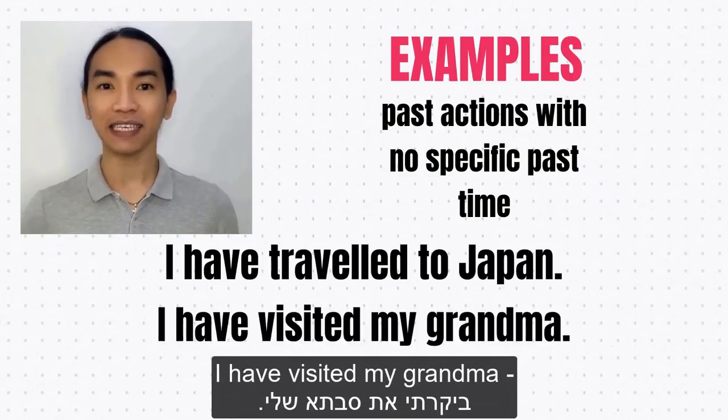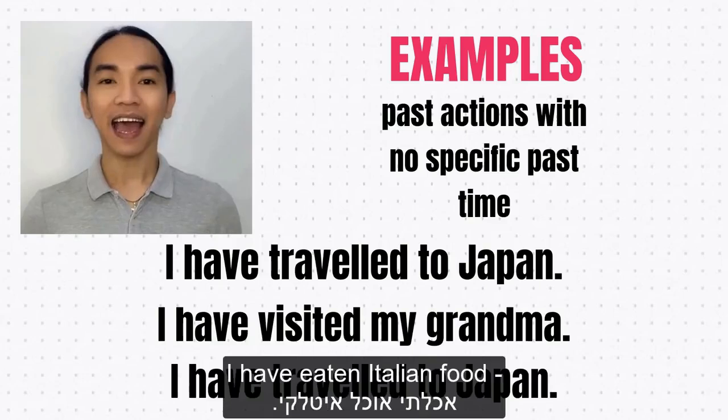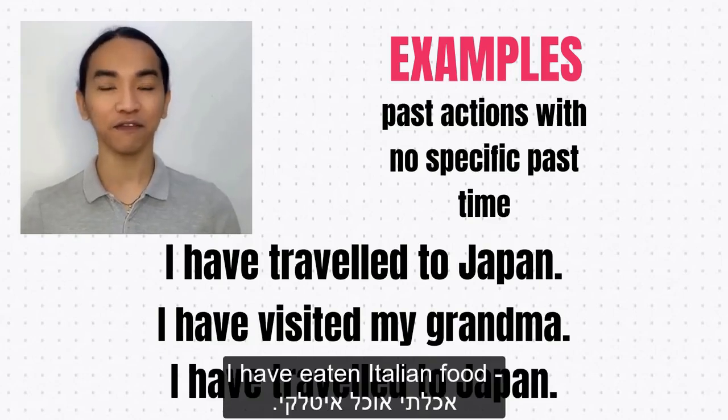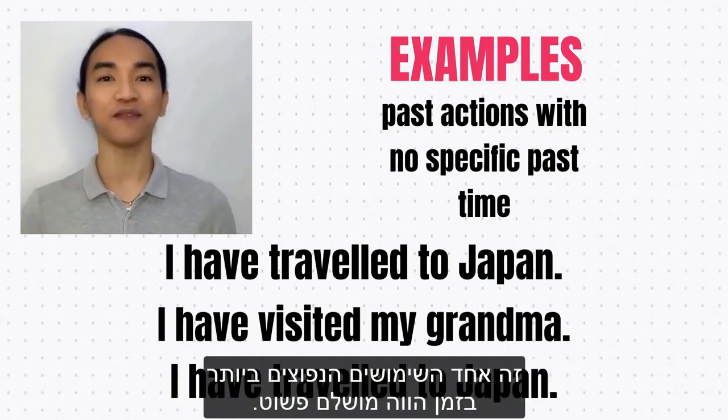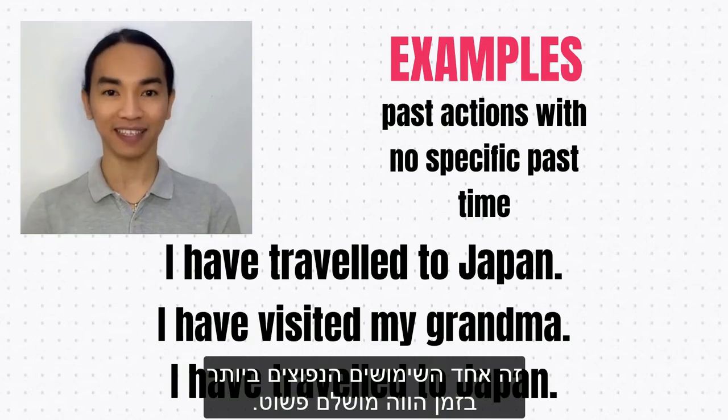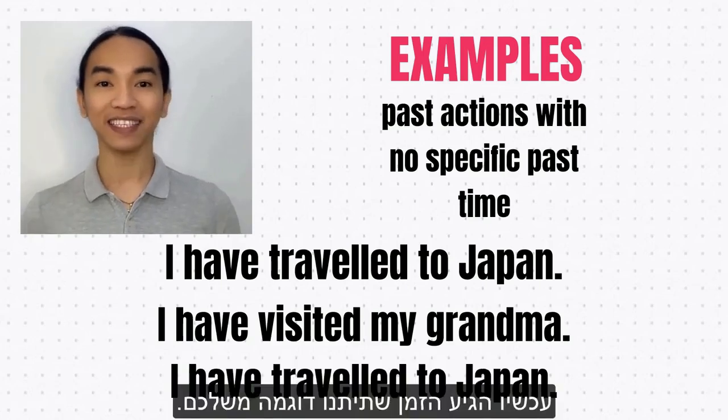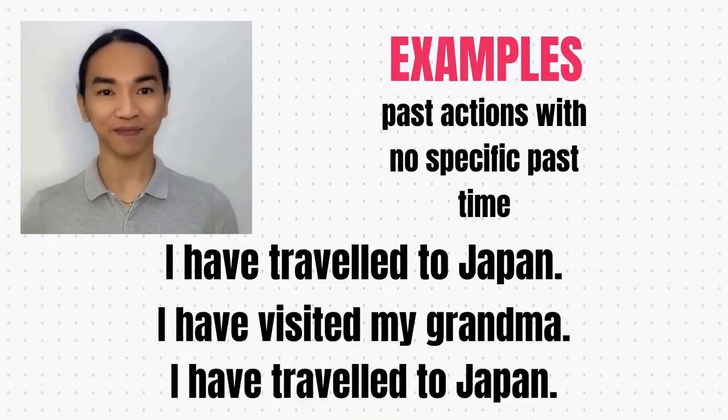I have visited my grandma. I have eaten Italian food. All of these are finished actions, but we don't focus on when they happened. So this is one of the most common usages of the present perfect simple tense. Now, it's time for you to give your own example.